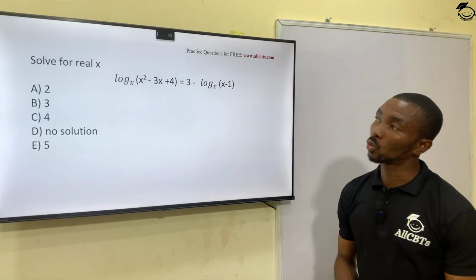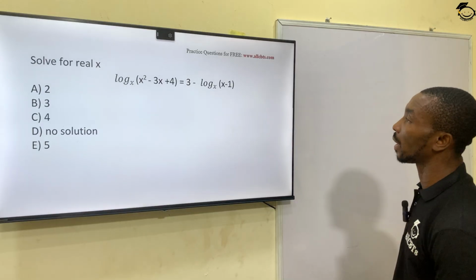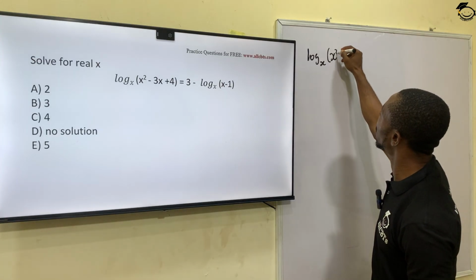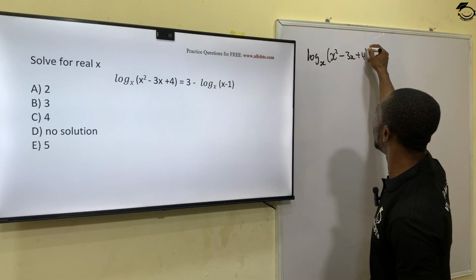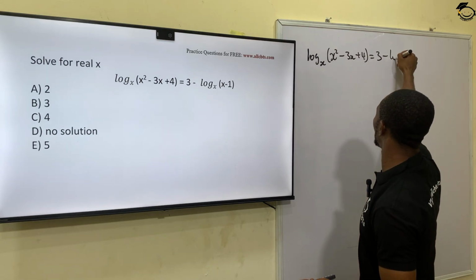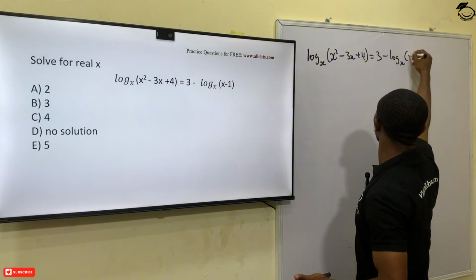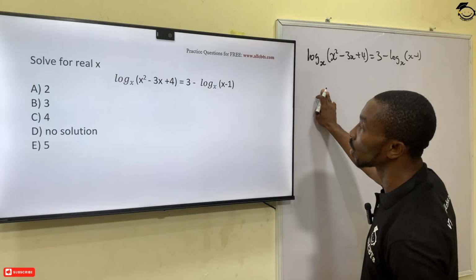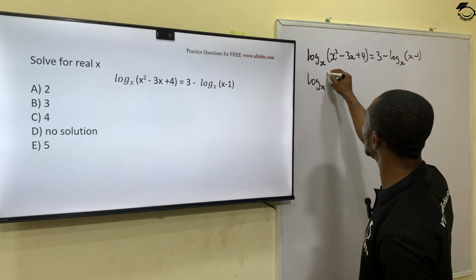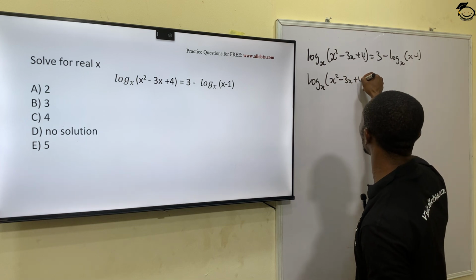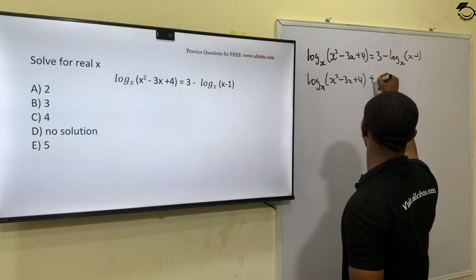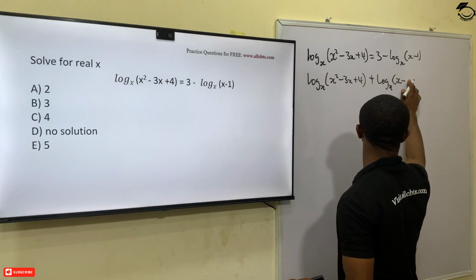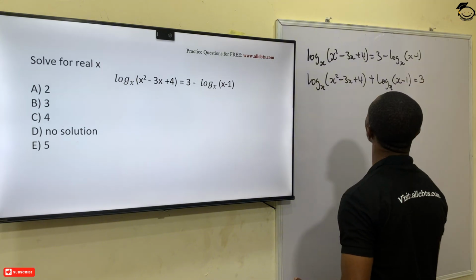For our next question, it says solve for real x: log of (x squared minus 3x plus 4) equals 3 minus log of x minus 1. So from here, we'll bring our logs together, which will give us log of (x squared minus 3x plus 4) plus log of (x minus 1) equals 3.